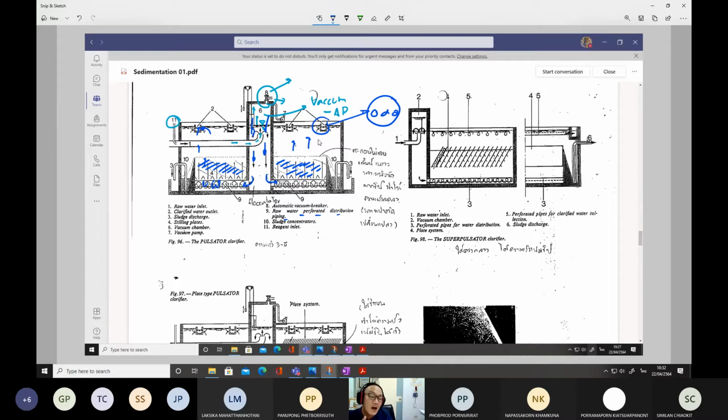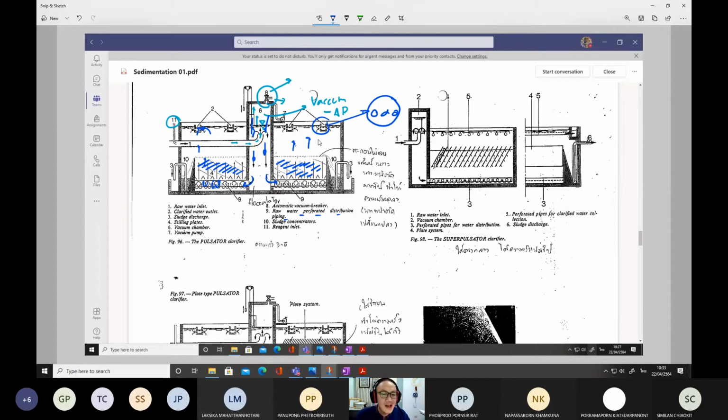This is how the pulsator clarifier works. You can have a look at the video clips again, and I'm sure you will be able to find photographs of these tanks at the Mahasawat water treatment plant.